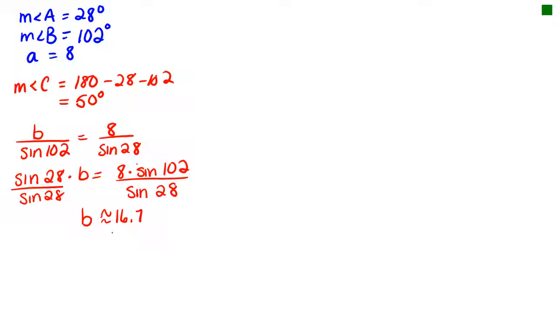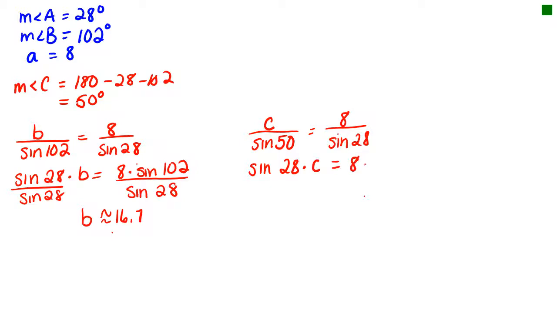You might want to put that in the calculator, make sure you can get the same number. I use the math frac button to do that. All right, so let's find side C. C over sine of angle C, and again, I'm going to use the A over the sine of angle A. Cross multiply, so sine of 28 times C equals 8 times sine of 50.